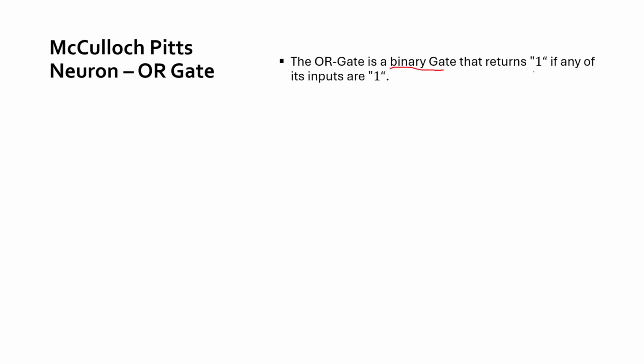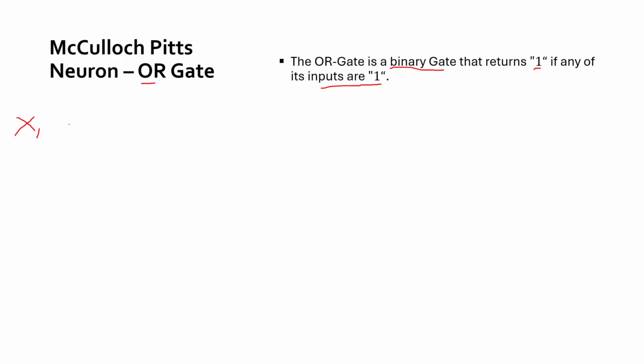And now let's see how the McCulloch-Pitts neuron can implement the OR gate. The OR gate is basically a binary gate that returns 1 if any of the inputs are 1. The truth table of the OR gate is something like this.